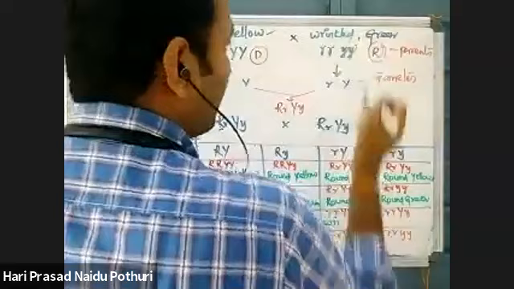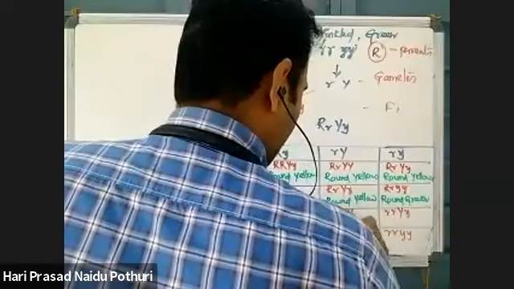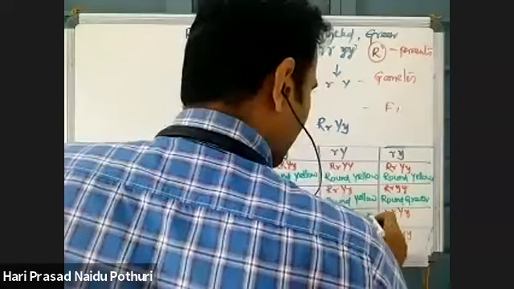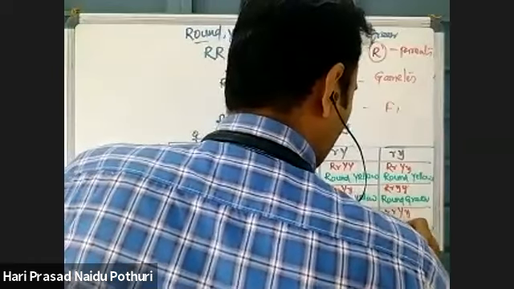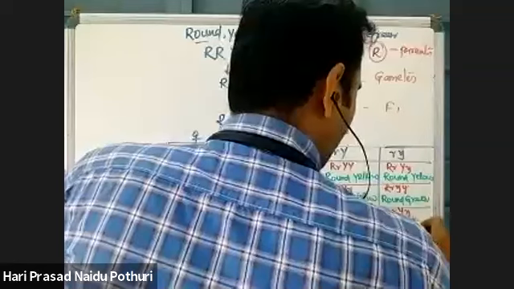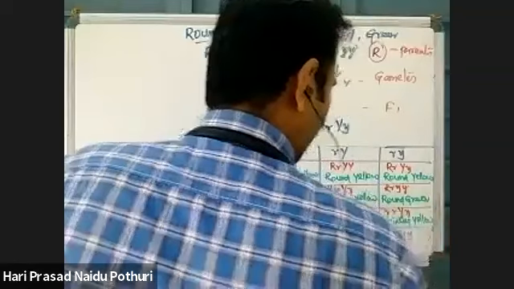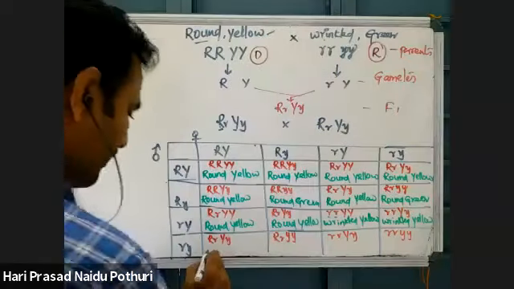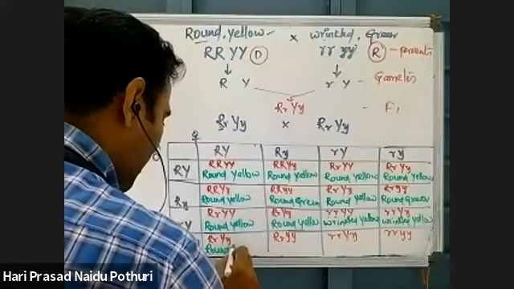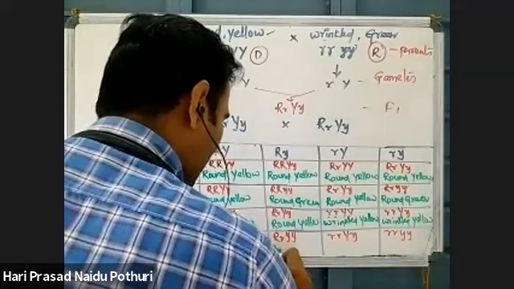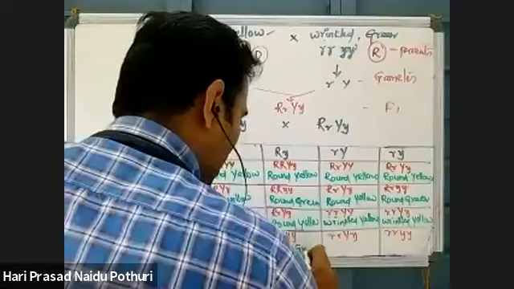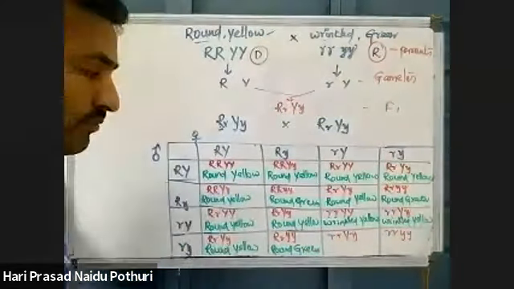But here small r, recessive. Recessive means what? Wrinkled. Wrinkled, but color is yellow. Wrinkled yellow. This also wrinkled yellow. This is round yellow. This is round green.